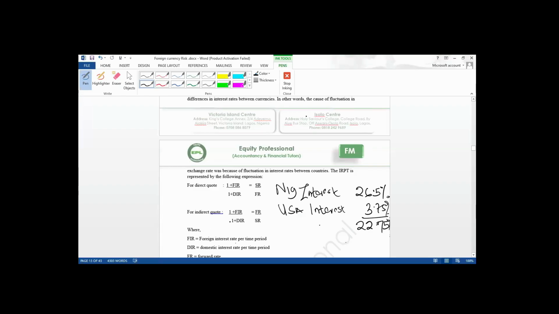For indirect quotes, you have (1 + FIR) divided by (1 + DIR) is equal to FR over SR.